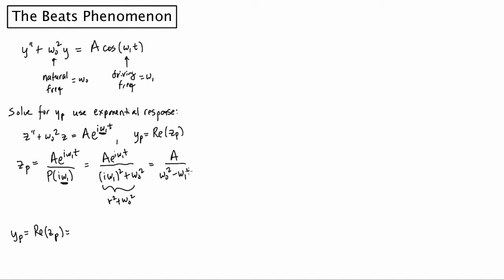Then this is times e to the i omega 1 t, which is cosine omega 1 t plus i sine omega 1 t. The real part of this expression will be all the things not multiplied by an i, and that is the coefficient times the cosine piece. So the real part of this solution is a over omega naught squared minus omega 1 squared, times cosine omega 1 t.